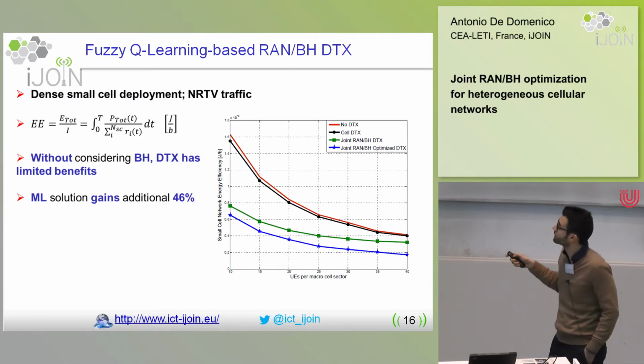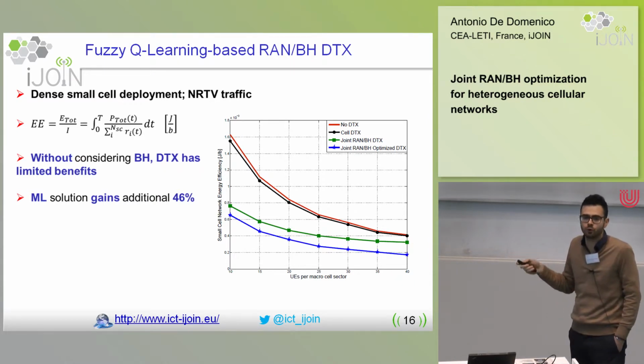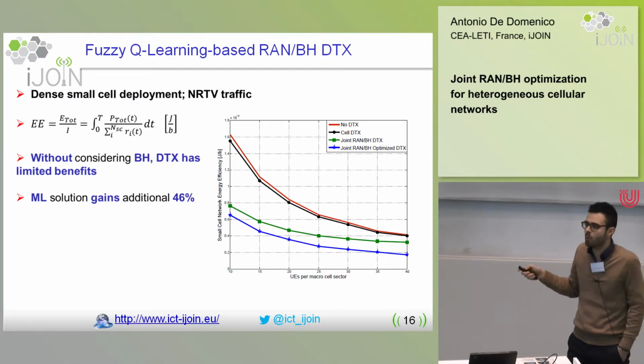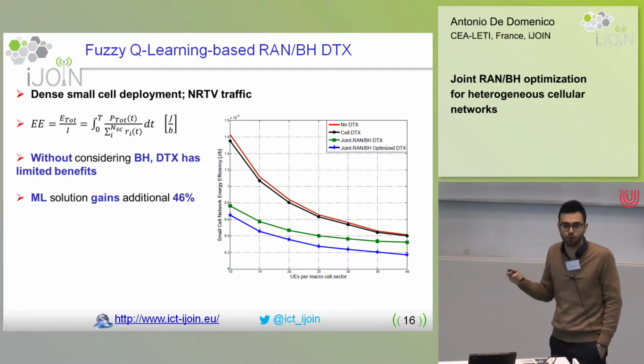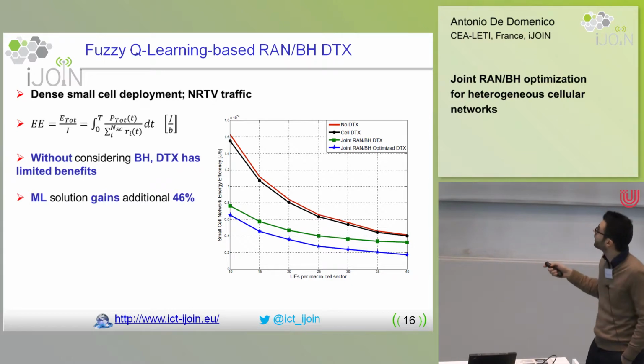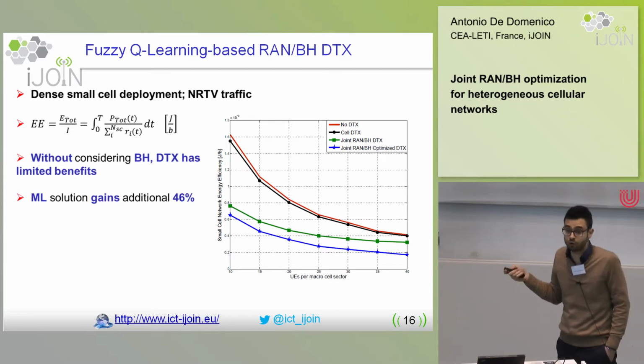One solution is the baseline where you don't have discontinuous transmission. One where you have discontinuous transmission but only at the eNodeB. One that considers discontinuous transmission jointly on the backhaul and the small cell. And the last one that takes into account these machine learning technologies.